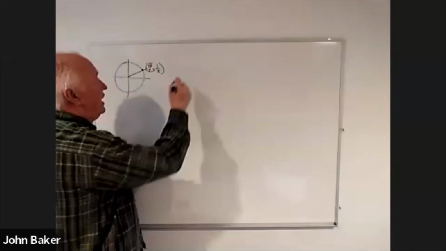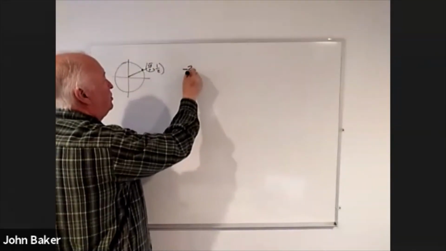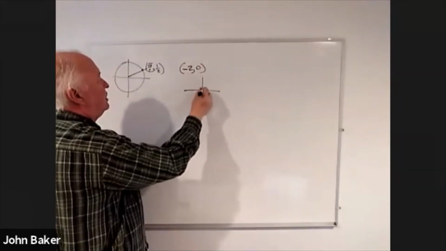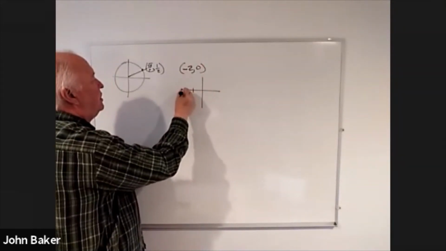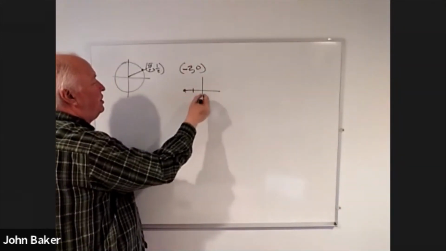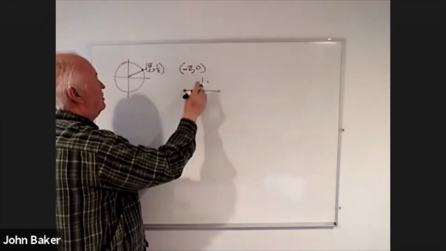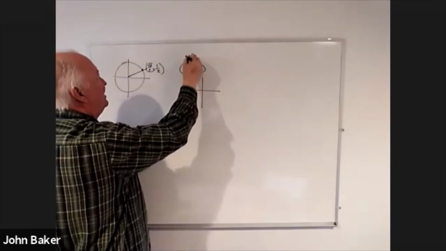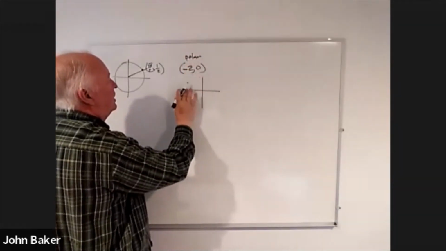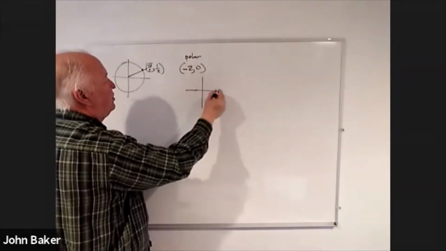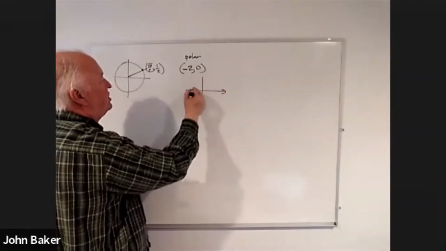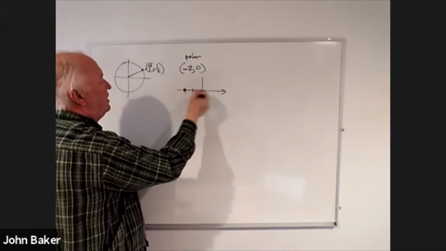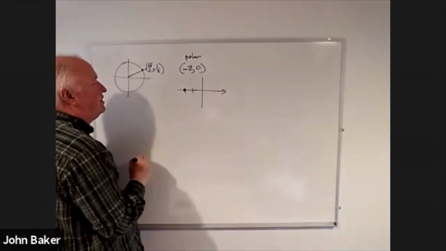Let's take a look at -2, 0. So -2, 0 in rectangular, well, I'm sorry, this is polar. So that's -2 in the 0 direction.